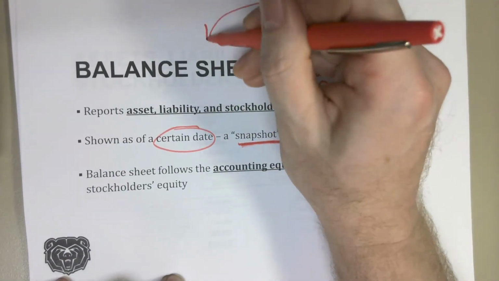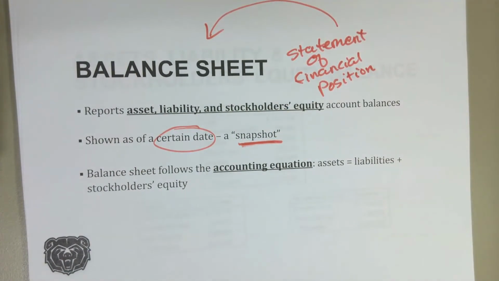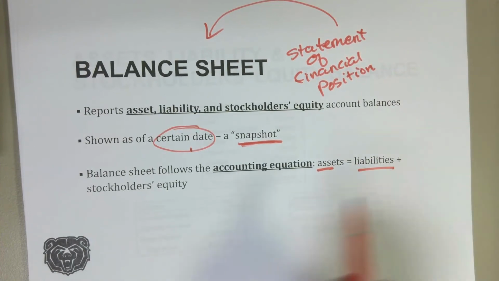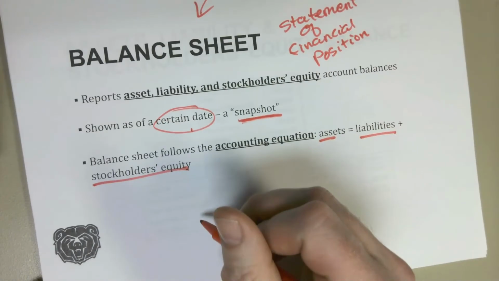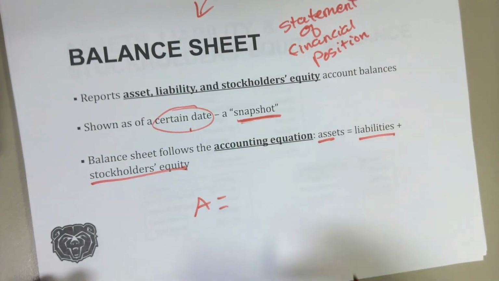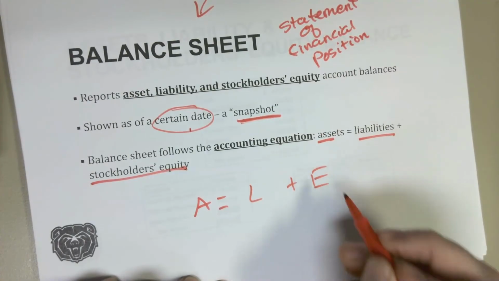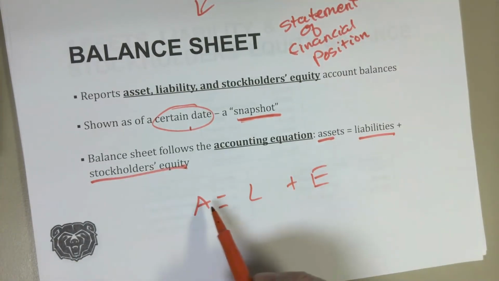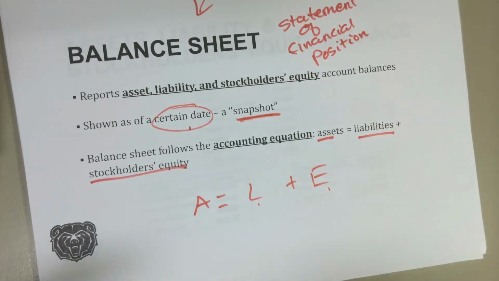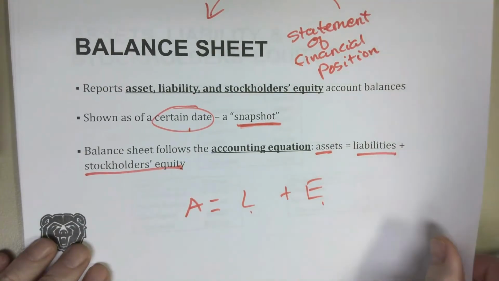It simply means a balance sheet because the balance sheet shows you your financial position as of a certain date. The balance sheet really is just your accounting equation. It's assets equals liabilities plus stockholders' equity. I find it does not hurt us to repeatedly write that down. Assets equals liability plus equity. So if it's an asset, a liability, or equity, it goes on your balance sheet.